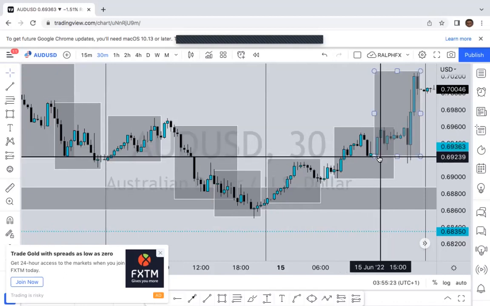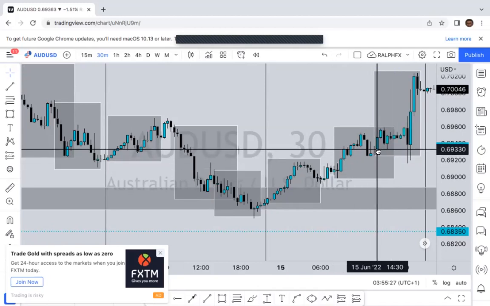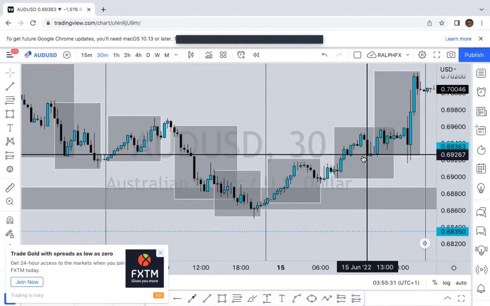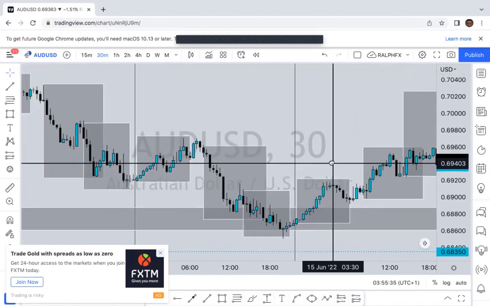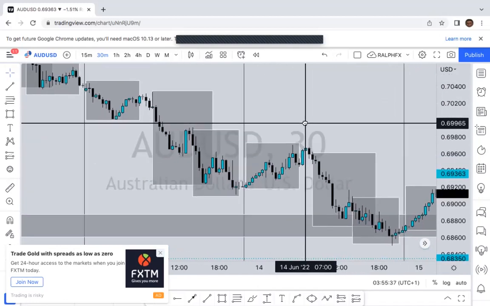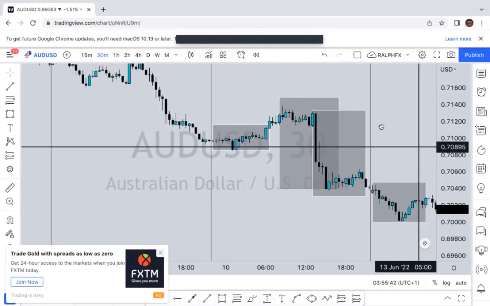It's called the New York session kill zone. So it's during these overlaps of the London, New York session that you can get your mitigations of your order blocks or whatever. That was what I was using, and it worked for me in terms of entries, but I don't trade smart money anymore.